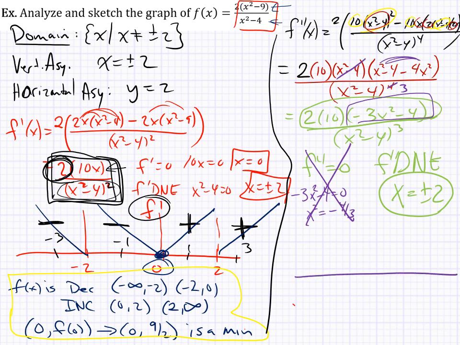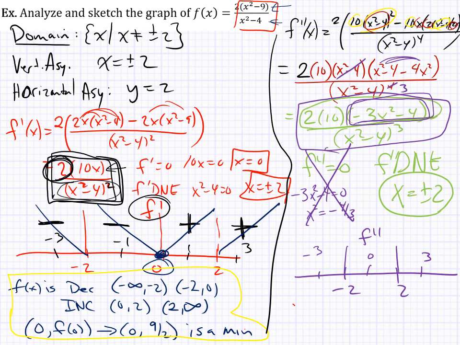So we'll look at these critical numbers, negative 2 and 2, in the second derivative, and this will determine concavity as well as points of inflection. So plugging these into the second derivative, we'll go negative 3, we'll go 0, we'll go 3. If you notice, this piece here, no matter what x we plug in, is always going to be negative. Times 2 times 10, the numerator is always negative.